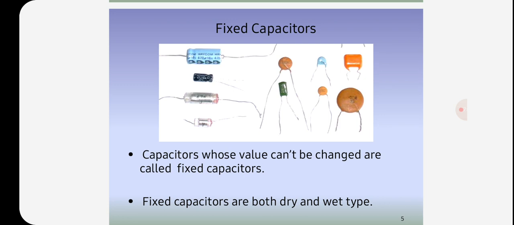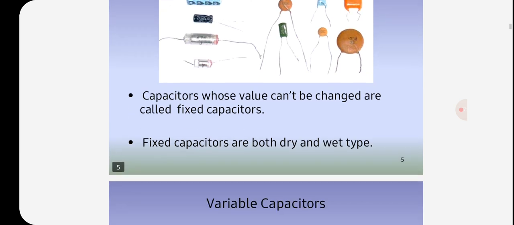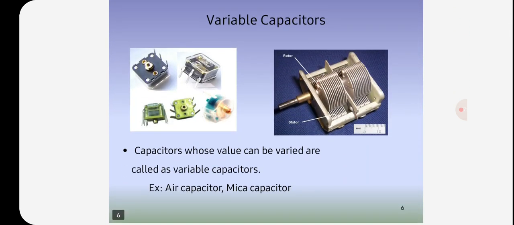Fixed capacitors are both dry and wet type. Next, variable capacitors. The capacitors whose capacitance value can be varied as per the requirement are known as variable capacitors. These capacitors consist of two sets of plates.